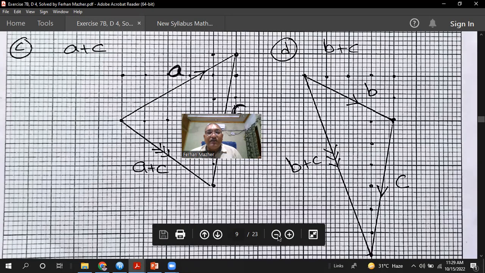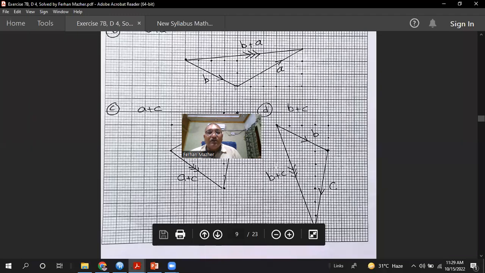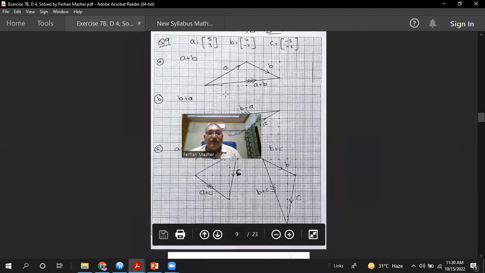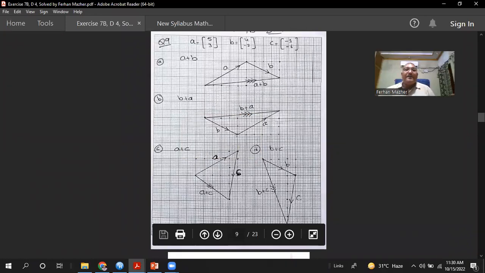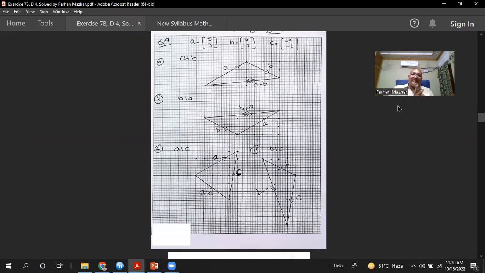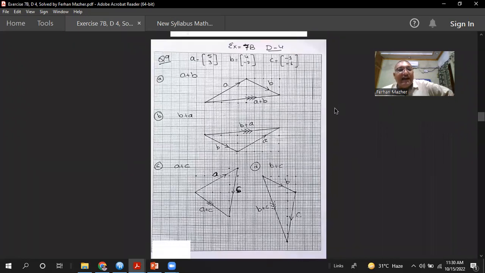Let me reduce the size so you can see the whole solution together. Hopefully you can see on the screen, it's very small now, but that is how you can do question number 9.